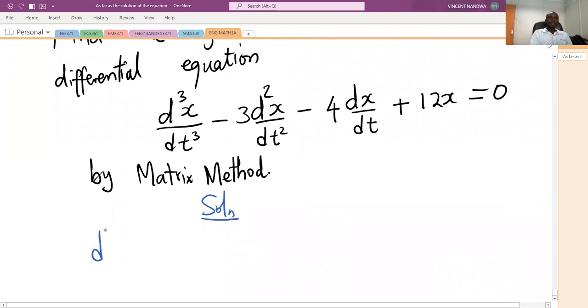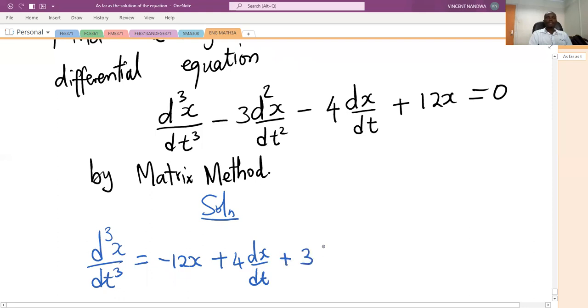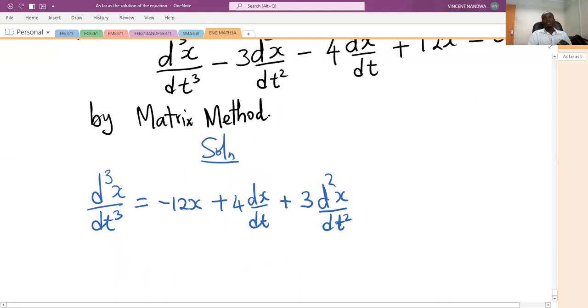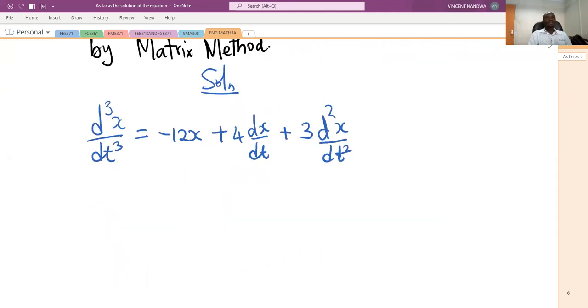So I'll have d cubed x dt cubed equals, now you start with the term without the derivative, negative 12x plus 4 dx dt plus 3 d squared x dt squared. So that's step one. Make the highest derivative term the subject.